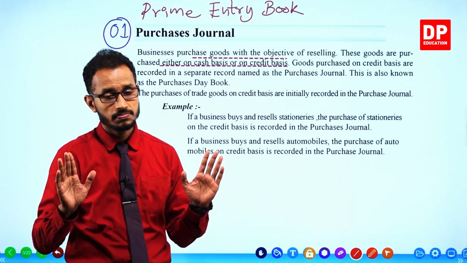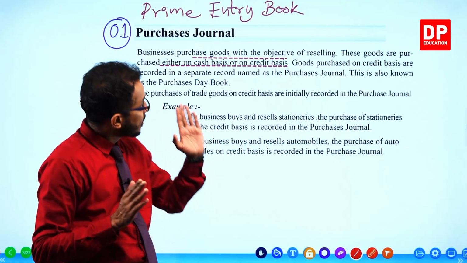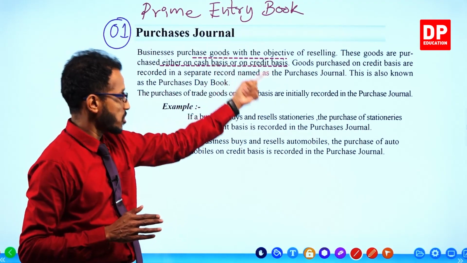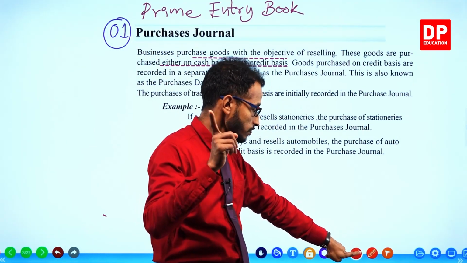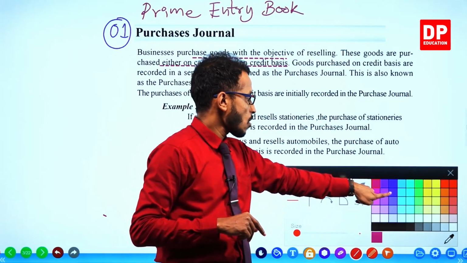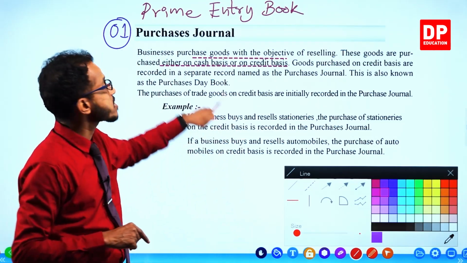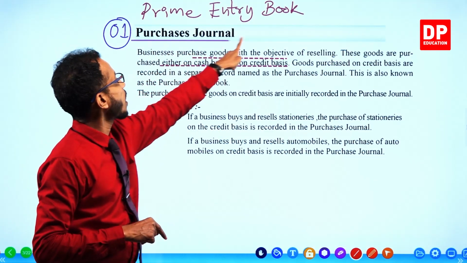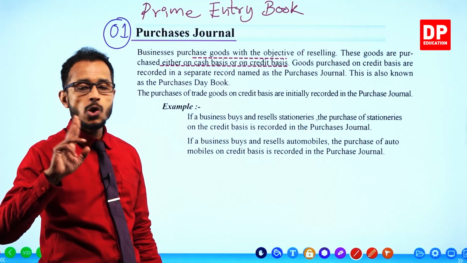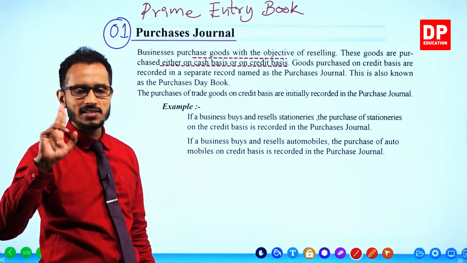So, children, in this prime entry book, which is the purchases journal, only credit purchases are recorded. No cash purchases in the purchases journal.